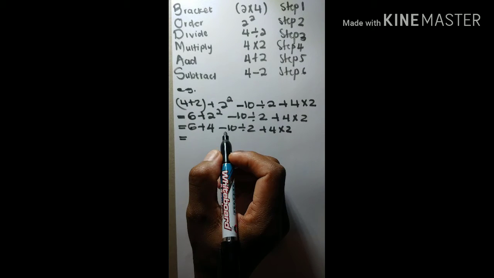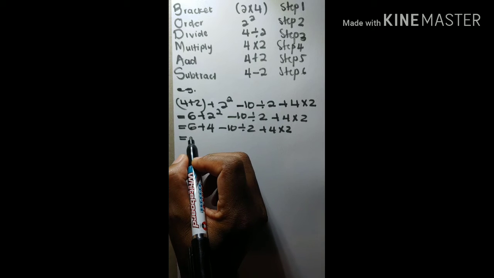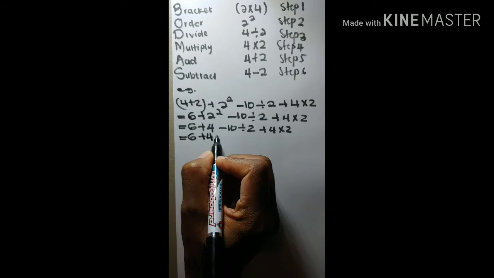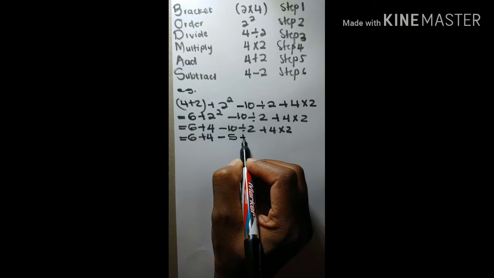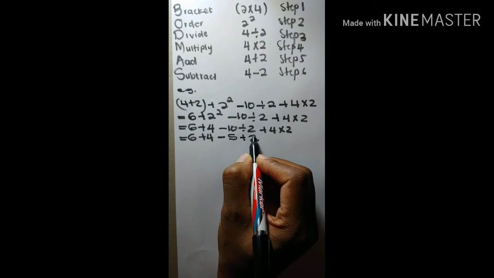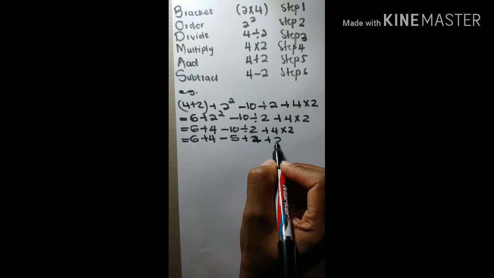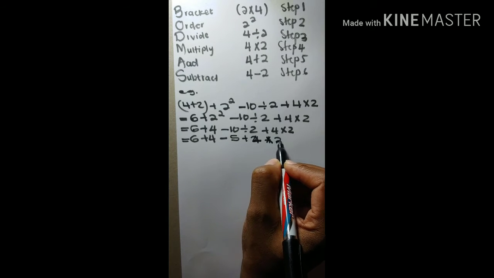Step 3, we are required to resolve anything that should be divided. So it's 6 plus 4 minus 10 divided by 2 is 5 plus 4 multiplied by 2.